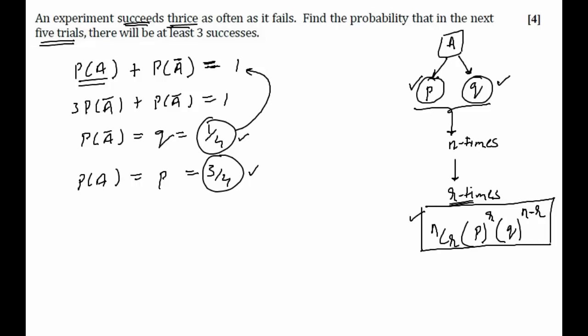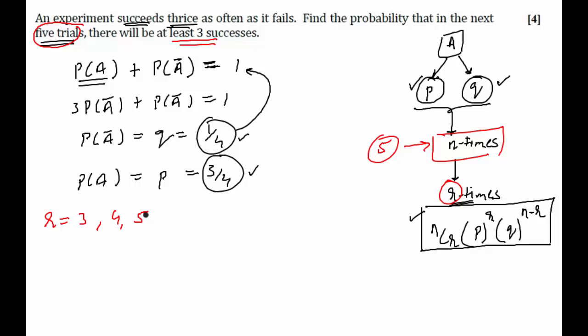Now from the question itself, it is very clear that since I am doing the experiment 5 times and I want success at least 3 times, my value of n will be equal to 5. But r will vary now. Since I want at least 3 successes, I can take r as 3, 4 and 5. All these 3 values are acceptable for at least 3 successes.